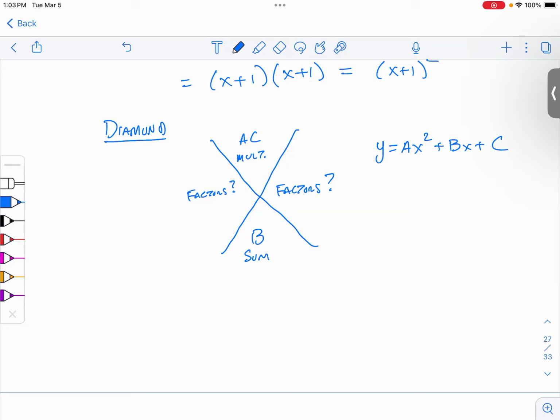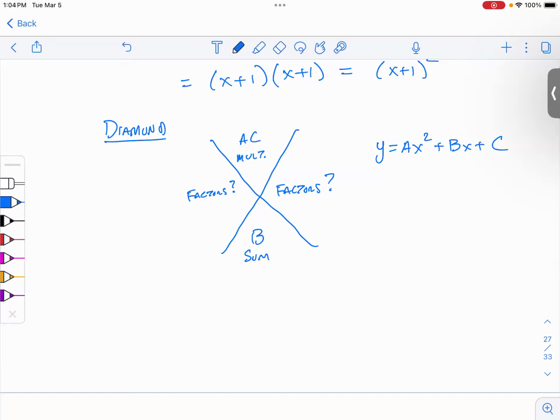Quadratics are massively common in all of mathematics. Factoring a quadratic, and a quadratic really includes just these 3 terms, right? X squared, x, and then x to the 0. The AC diamond method allows us to break this down by identifying a couple of terms and then being able to pull this apart.